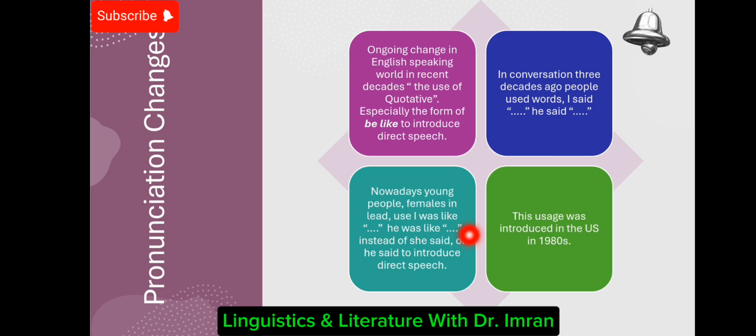You can see here, and then putting something into quote marks, instead of she said or he said, to introduce direct speech. So this usage was introduced in the US in the 1980s. That is the form be like. Okay, he was like, she was like, like this.